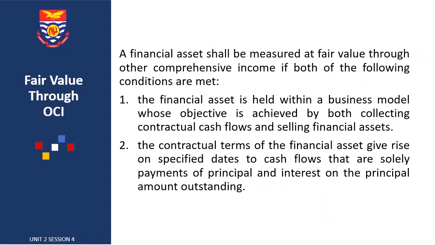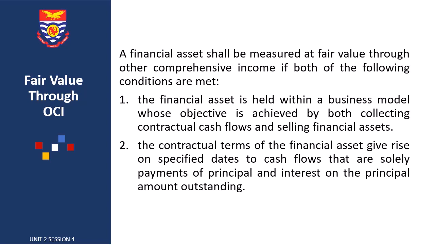Now we want to look at fair value through profit or loss, or fair value through OCI. A financial asset shall be measured at fair value through other comprehensive income if both of the following conditions are met.